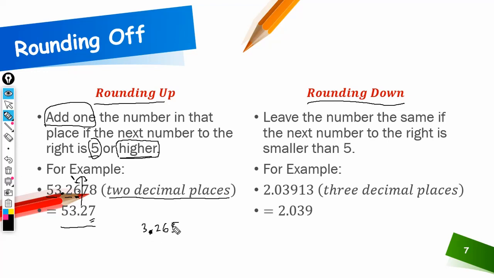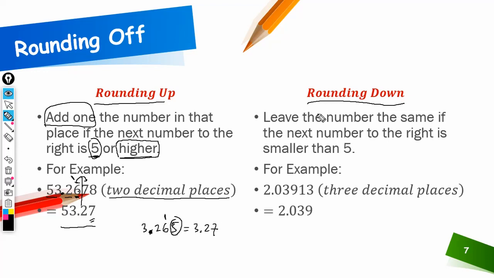Okay, kita mau rounding up to 2 decimal places. So it equals 3.27. Why 7? Because this is equal to 5. Jadi kalau sama dengan 5 atau lebih tinggi, you round up, tambah 1 ke sini.